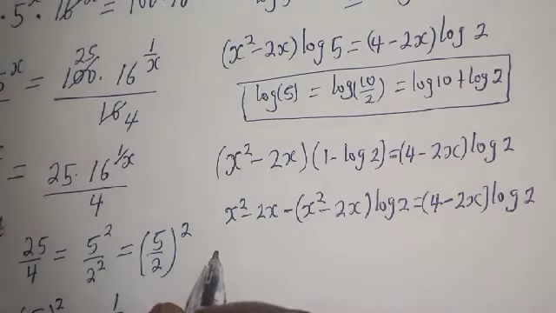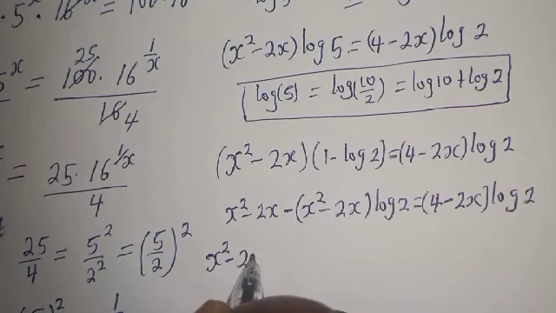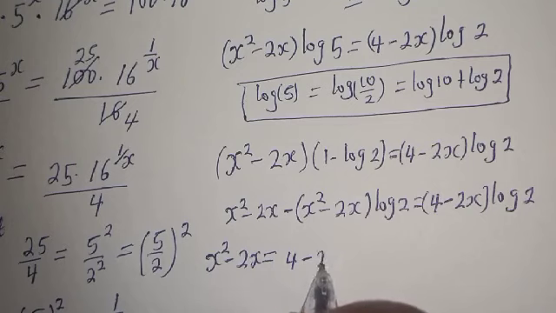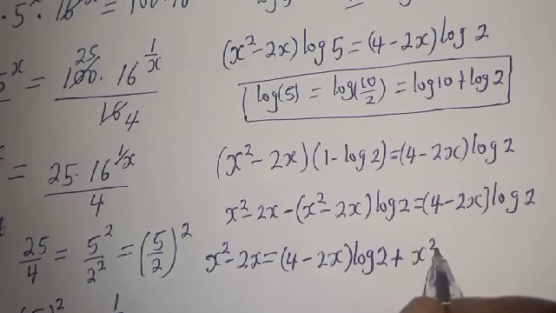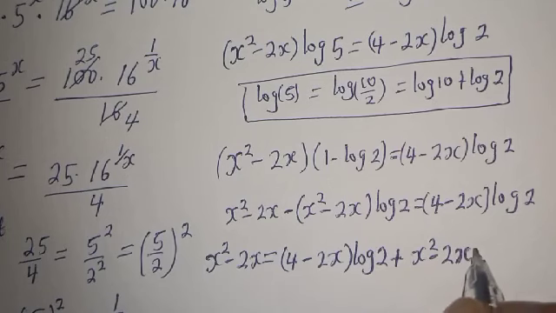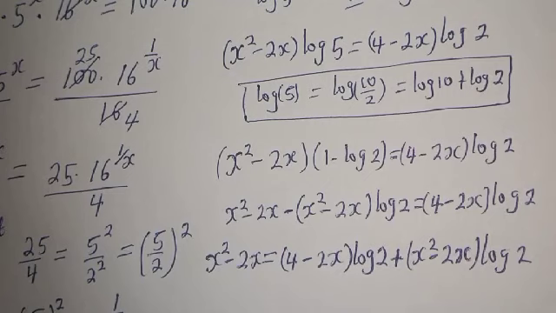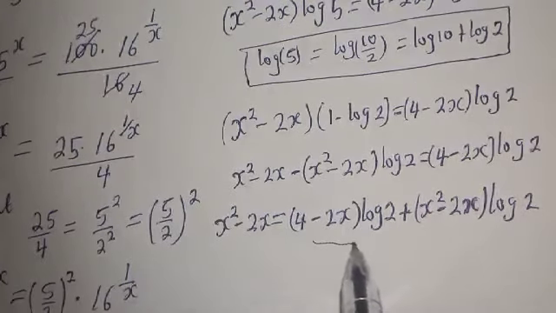Then from here we have x squared minus 2x is equal to 4 minus 2x log 2 plus x squared minus 2x log 2. Then let's consider this.